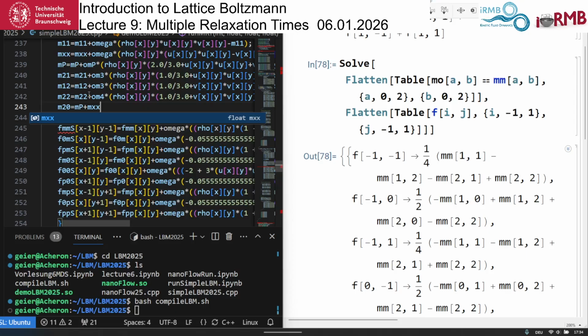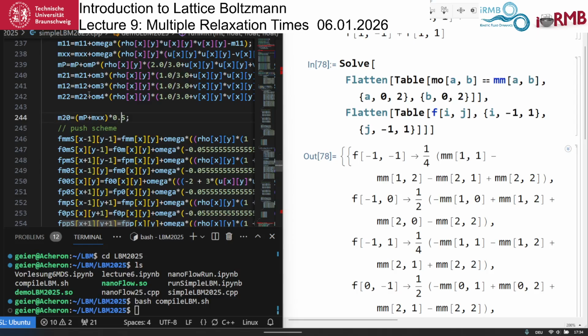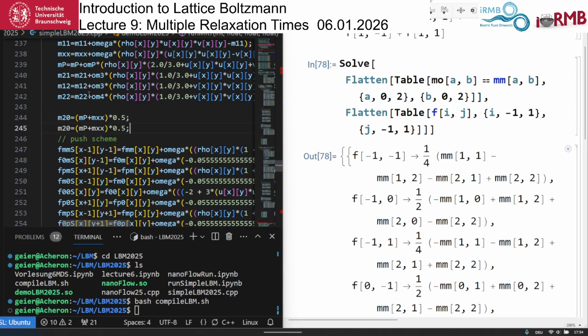Yes, this will give us the right value if we multiply this by 0.5. And the other one would be that one.